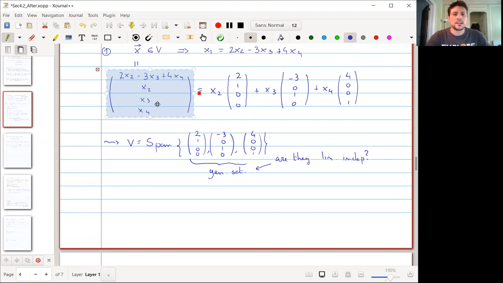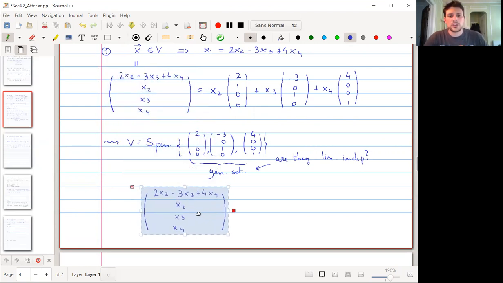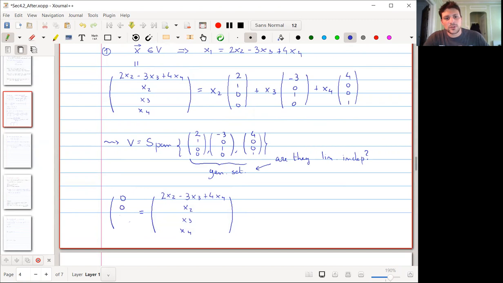Any element in the span of these vectors looks like this. So my question is now, is there a way to write the 0 vector as an element in the span of these 3 vectors, 2, 1, 0, 0, minus 3, 0, 1, 0, 4, 0, 0, 1, without the coefficients all being 0?